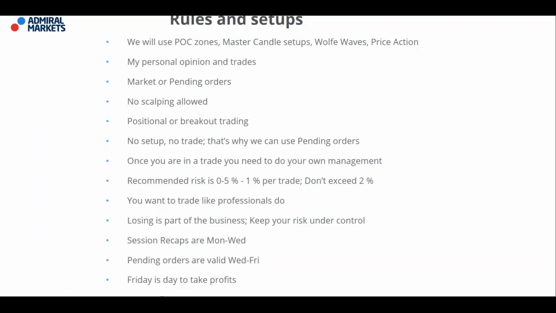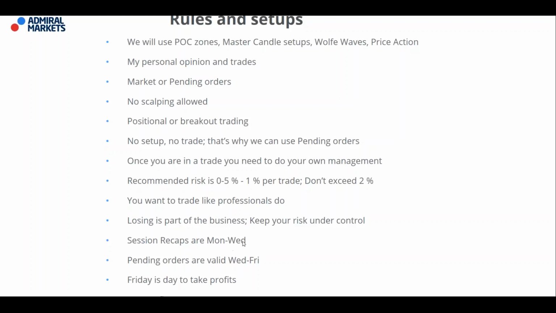As I always say, we can all trade the same system, but we will all have different results. My recommended risk is 0.5 to 1% per trade. Don't exceed, guys, 2% trade risk. You can even lower your risk. Still, you should make some money, right? You want to trade like professionals do. Losing is part of the business, so keep your risk under control.